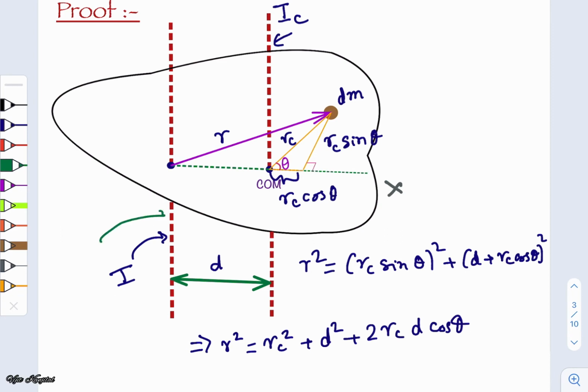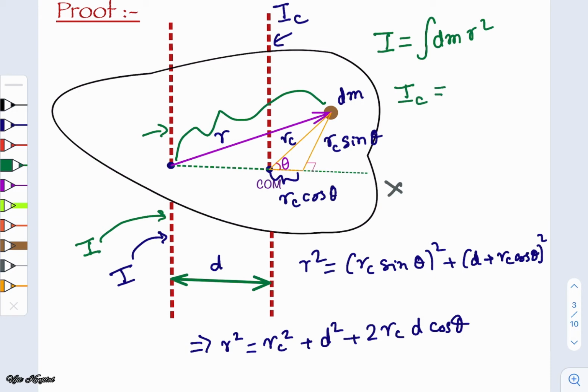I is the moment of inertia of this rigid body with respect to this axis. So I would be simply the integral of dm times r squared, as the distance of the elemental mass from this axis is r. Similarly, IC would be the integral of dm rc squared, as the distance of this elemental mass from this axis is rc.